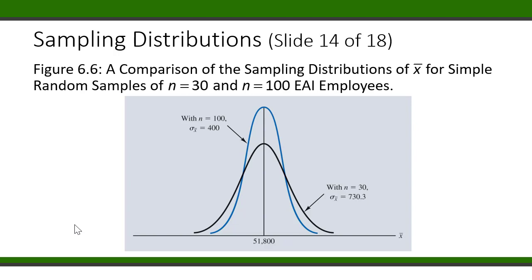As your book says, a larger sample size will give you a higher probability that the sample mean falls within your specified distance, and you'll have a smaller standard error. But we don't want to have too large of a sample size.